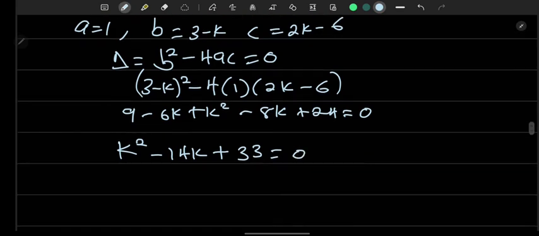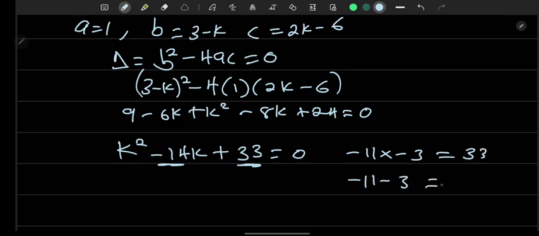Okay, what happens next is now to find the value of k. Okay, so we need a product of 33 and a sum of minus 14. So there are only two numbers whose product will give us 33 and whose sum is minus 14. So the numbers are minus 11 and minus 3. Of course this will give us 33, and minus 11 minus 3 will give us minus 14.